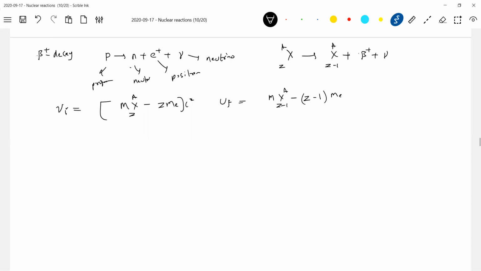We should write like this, plus Me c squared. So what is this? This is the mass of the emitted positron.